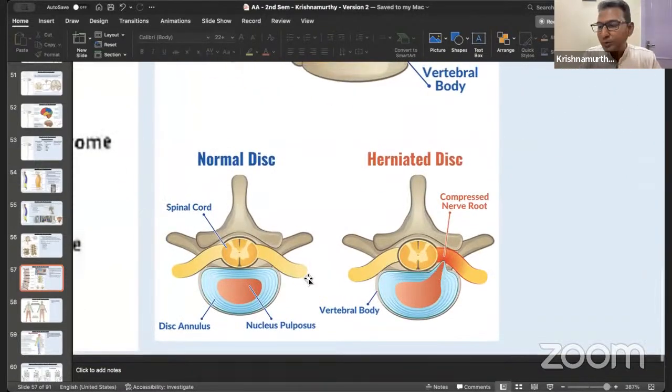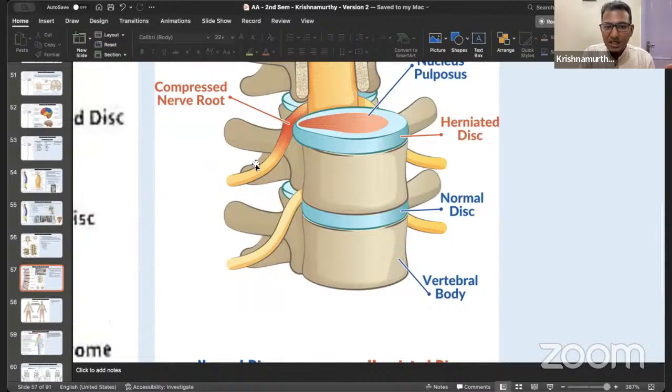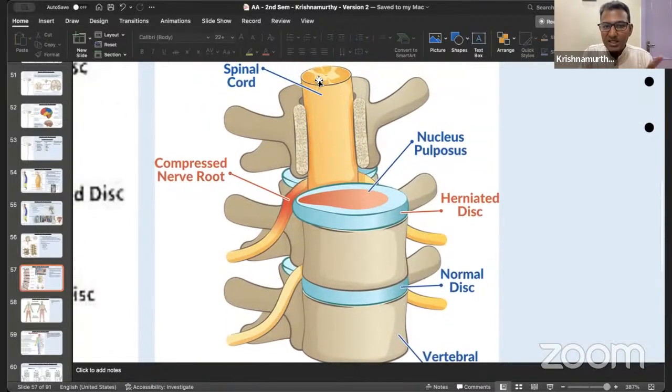See, this is the top view. So this is the normal disc, and that inner jelly is well protected. It is giving the cushioning. Sometimes the covering breaks and the jelly comes out. When it comes out, it touches this nerve which is branching out through that hole. This is the main spinal cord, and it is branching into left and right.